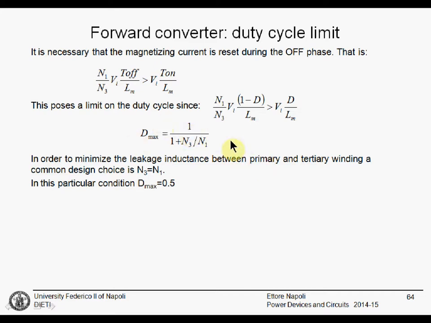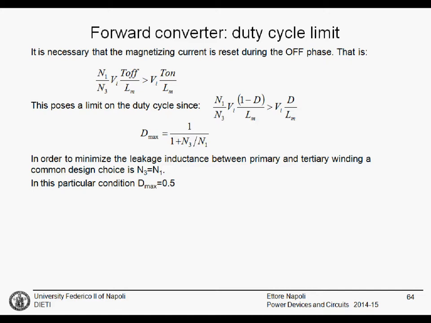In order to minimize the leakage inductance between N1 and N3 windings, like we have seen for the flyback converter, a common choice, and as I told you more than once, a common choice is to set N1 equal to N3.